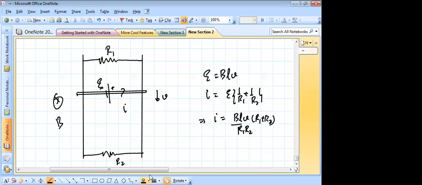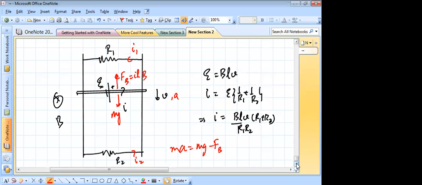So the magnetic force acting on it will be ILB, where this current is I1 and this current is I2. So your acceleration will be (mg minus magnetic force) divided by mass.